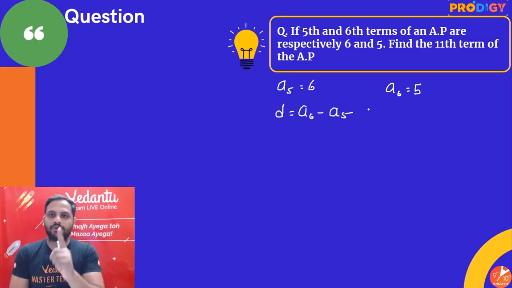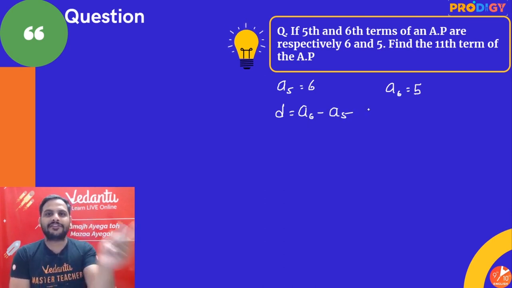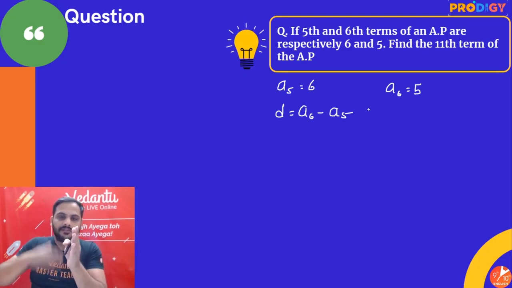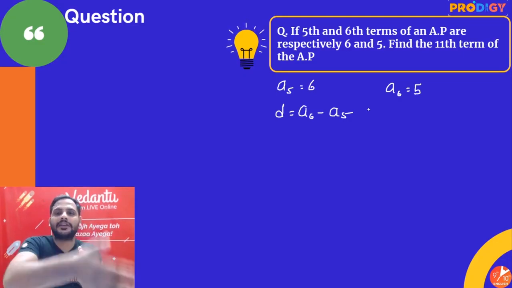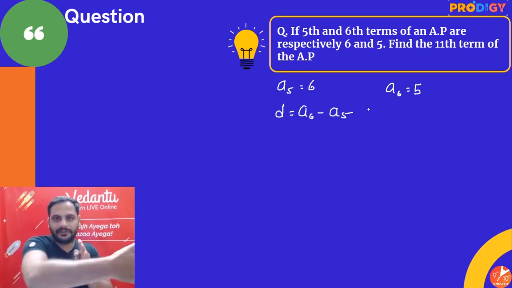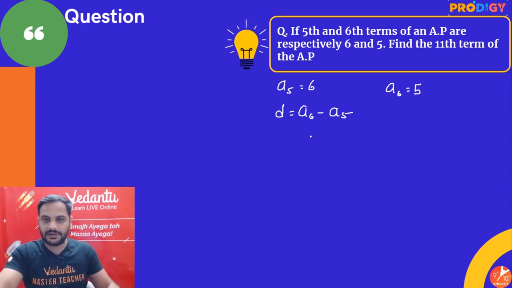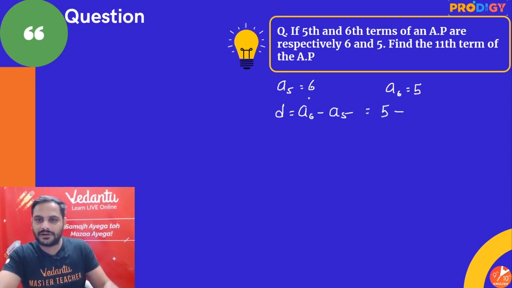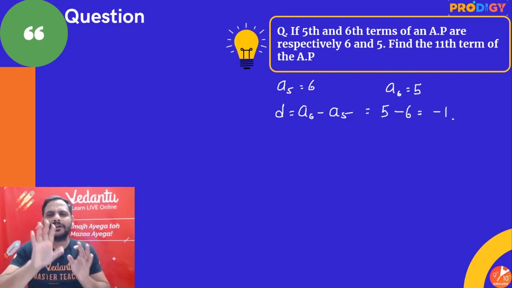I have always told you, any term minus the previous term. You cannot write D as A5 minus A6. If you are taking A5, subtract the previous term, that is A4. So I have to write D as A6 minus A5. The sixth term is 5 and the fifth term is 6, so 5 minus 6 is minus 1. Common difference is minus 1.